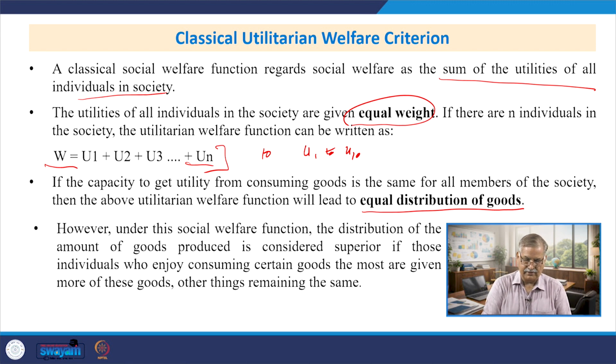However, under this social welfare function, the distribution of goods is considered superior if those individuals who enjoy consuming certain goods the most are given more of these goods, other things remaining the same. So this is another important aspect, that different people in the society have different tastes and preferences, and if the allocation of goods among the members is made in such a manner that those who like a particular product get more of those goods, then overall welfare of the society will increase.